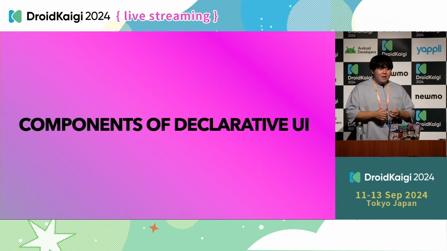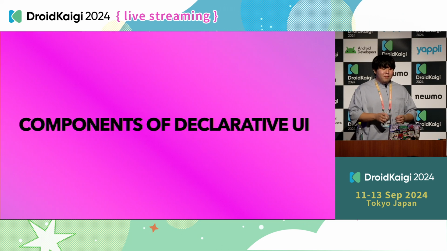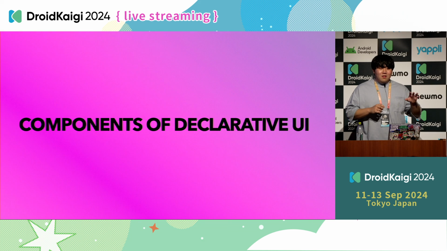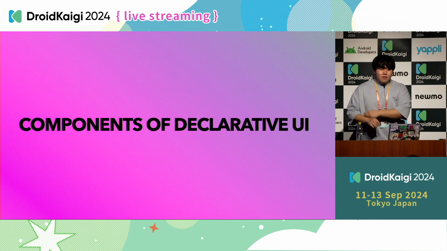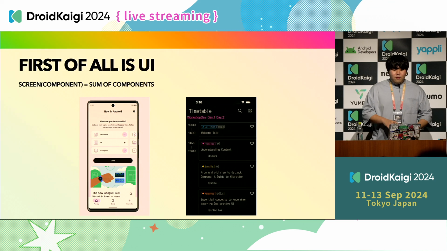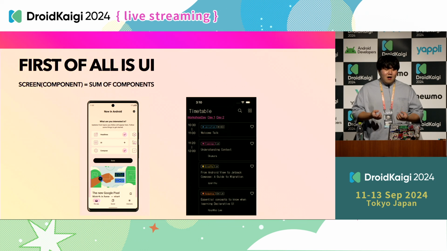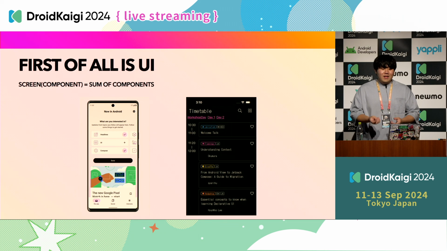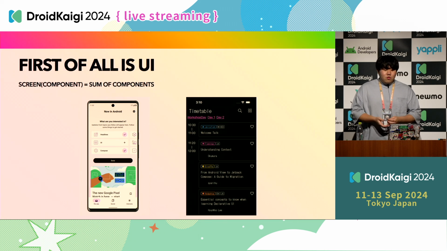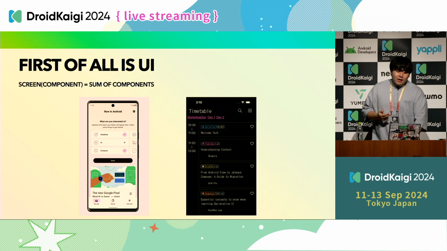Now, let's see how the common aspects of declarative UI are implemented across various libraries and frameworks. First and foremost, we'll focus on the UI. Since declarative UI is a concept used to create user interfaces, it is crucial to understand what aspects should be considered when building a UI.